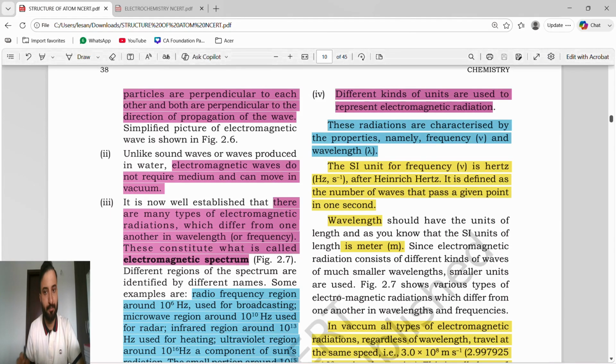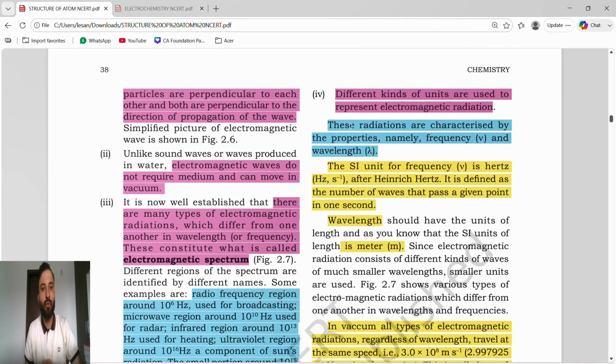Okay, done. So now whatever we are learning, guys, is that we have not only one electromagnetic wave, we have different electromagnetic waves. Different electromagnetic waves have different frequencies, which means they have different wavelengths, which means they have different kinds of units.